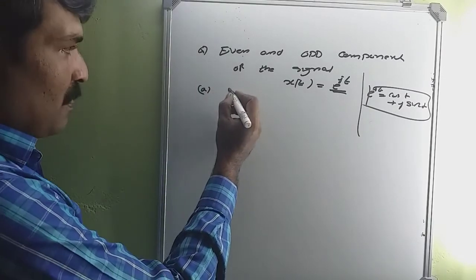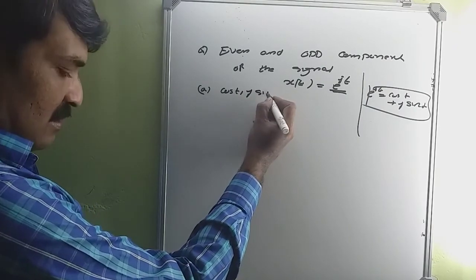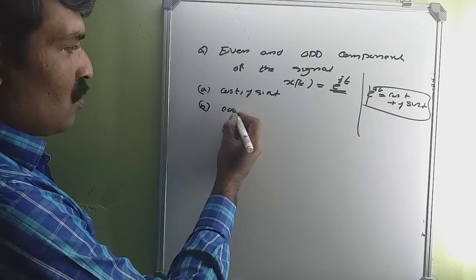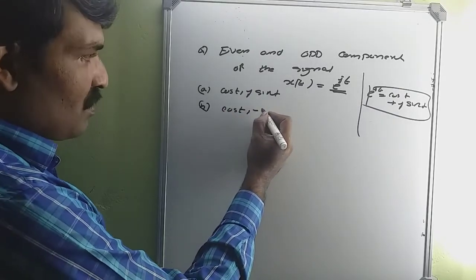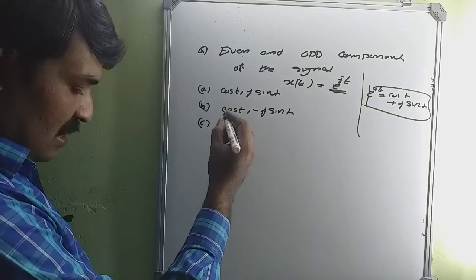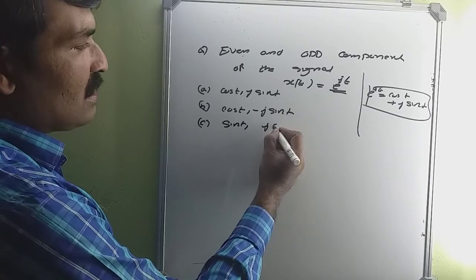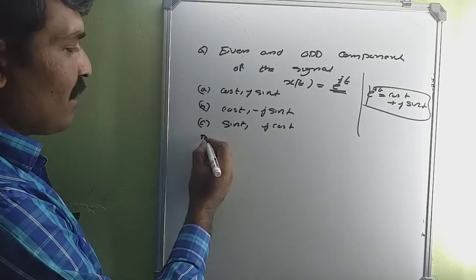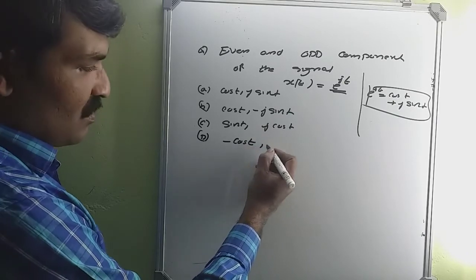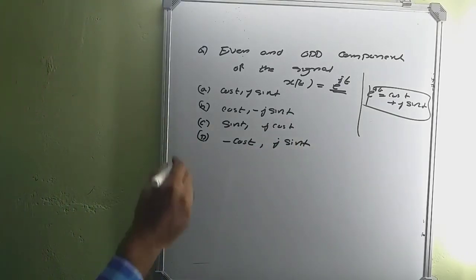A is cos t comma j sin t. B is cos t comma minus j sin t. Option C is sin t comma j cos t. And option D is minus cos t comma j sin t. These are the 4 options given.